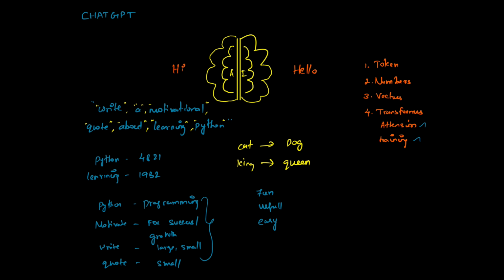From these words, it needs to understand which one is more important, the probability of it happening. Let's say fun has 40% probability, useful has 35, and easy has 20 or something. These are the most relevant in this group for the particular quote that we are writing.